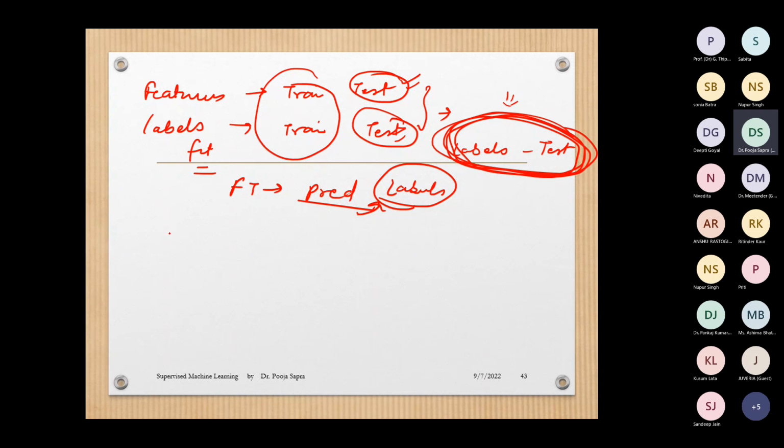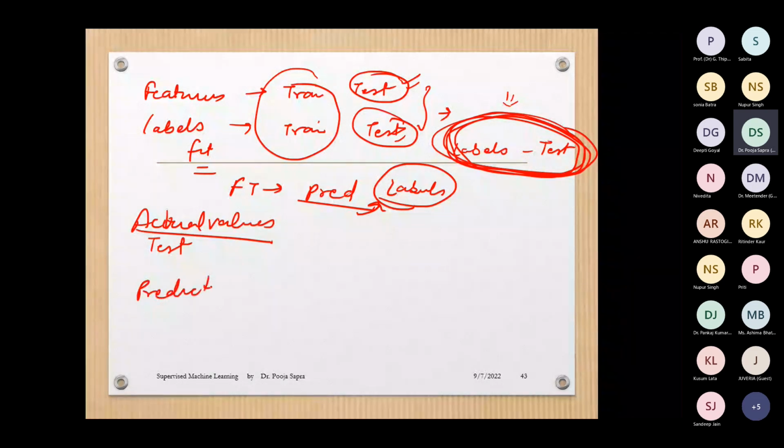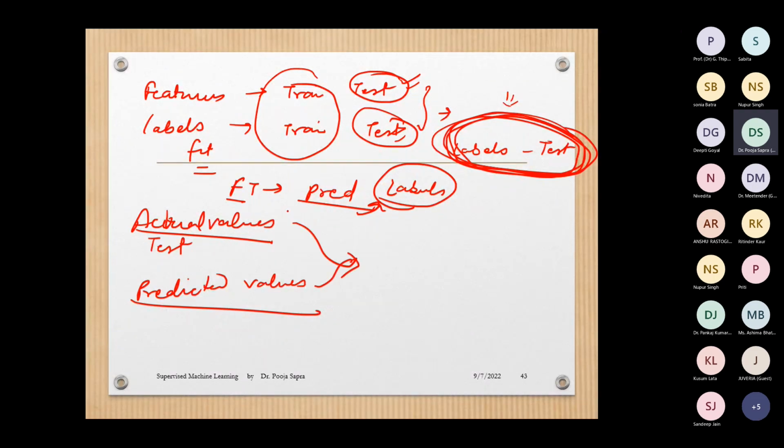Test labels are with me, so that test label is called the actual value, because that is given to me. Second thing is the predicted value, because I have taken test features and predicted some values for those test features. So I want to compare these two values, actual value and predicted value, of the labels.